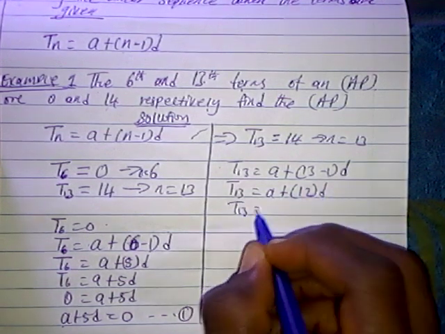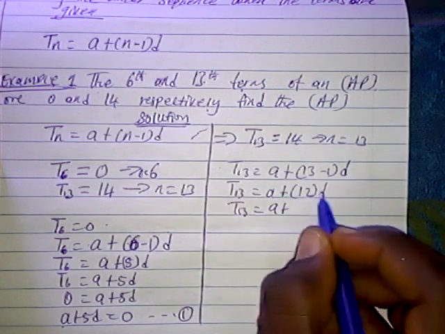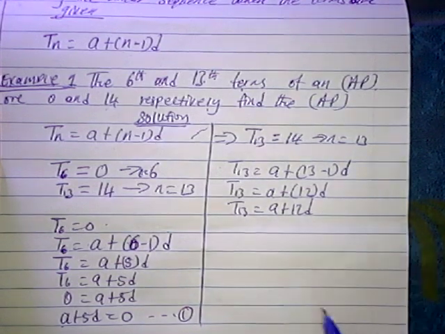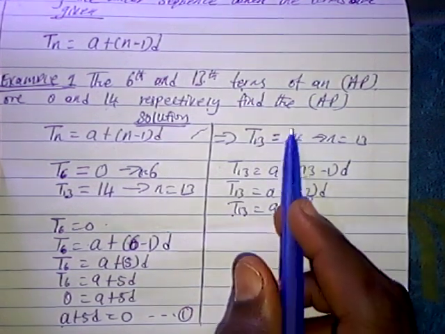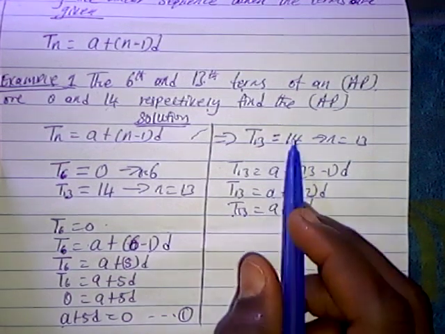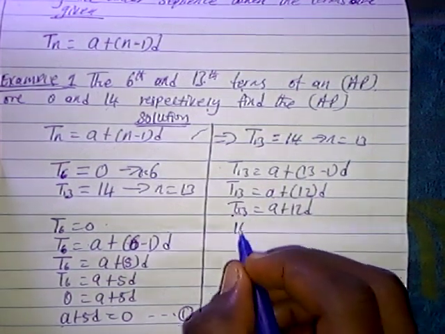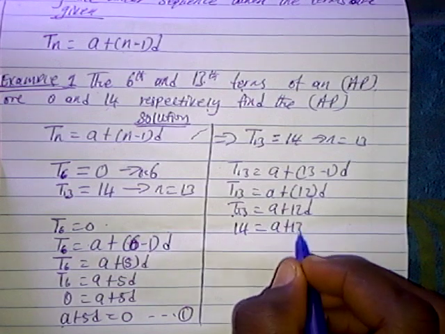So T13 is equal to A plus, 13 minus 1 is 12, so 12D. What is T13? T13 is 14. So anywhere you see T13, you put 14. So 14 equals A plus 12D.